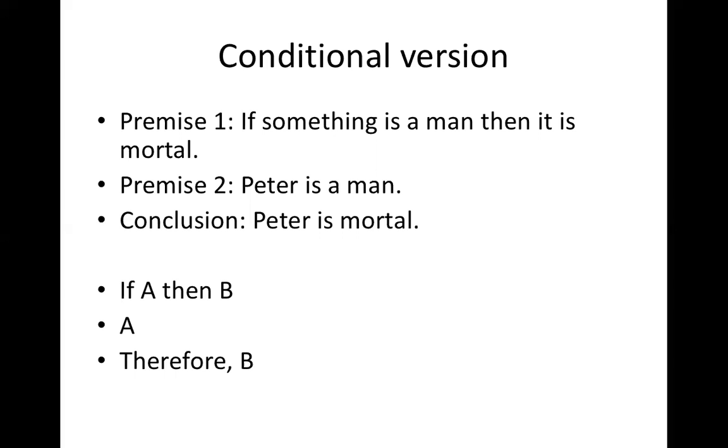If A, then B. X is an A, therefore X is a B. For summary purposes, we can just eliminate the X for premise 2 and the conclusion. If A, then B, A, therefore B. So this shows you that we are just doing mathematics.